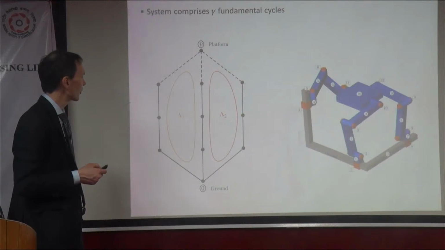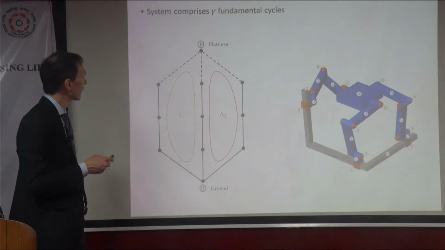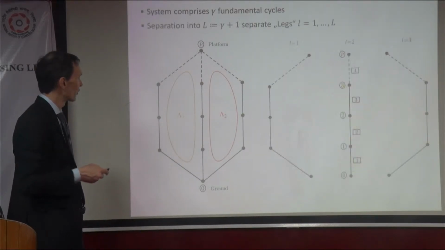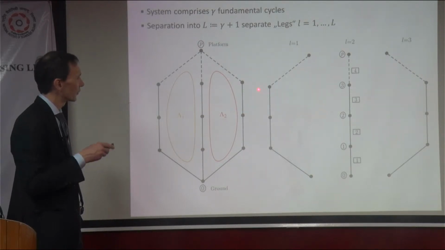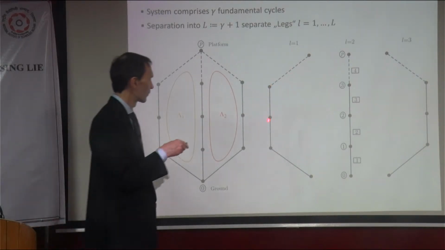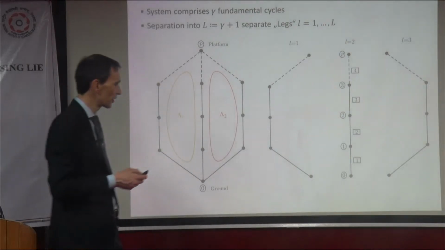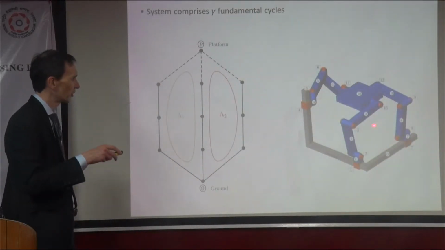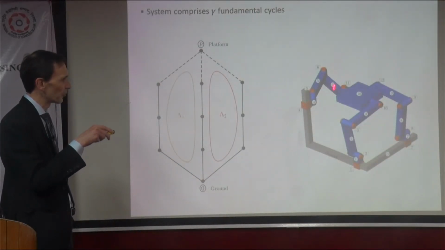We don't necessarily have to do this, but what is interesting is you might cut off the platform, right? So if you cut off the platform, and forget about these dashed lines, then you end up with these identical branches, so to say, each of which corresponds to one of these limbs, right?